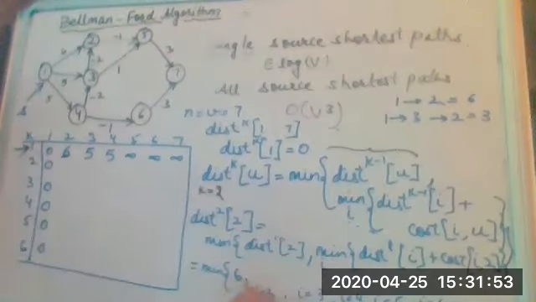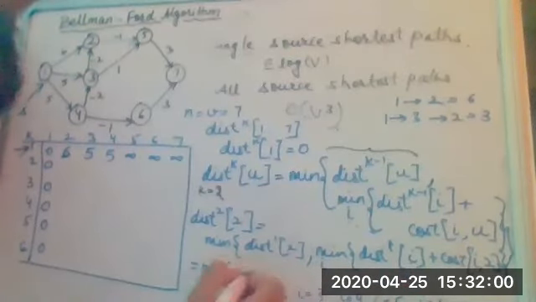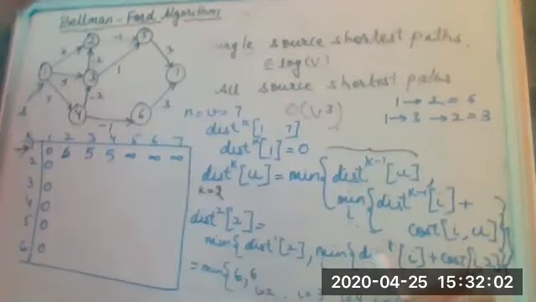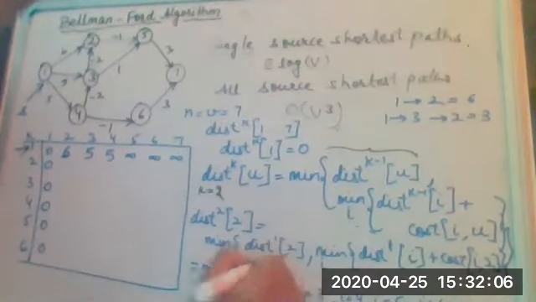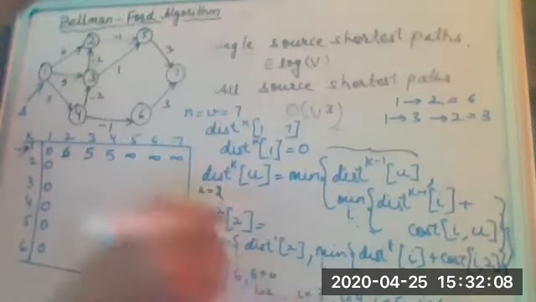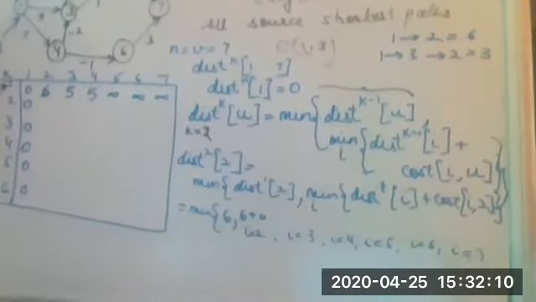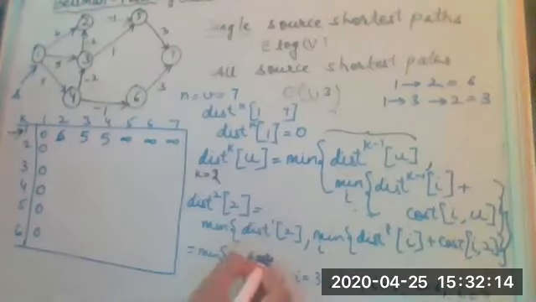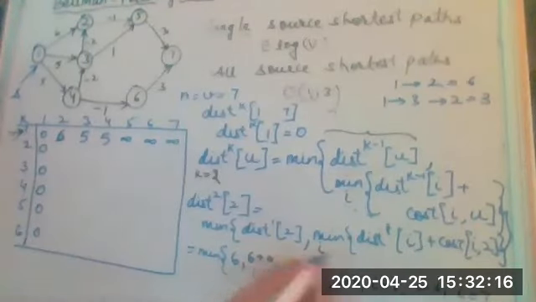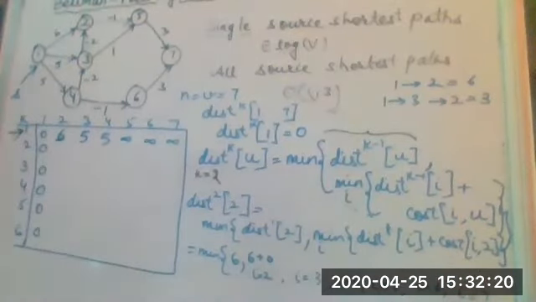Now if I is equal to 2, this value is distance of 1 to 2, which was earlier 6. Cost of 2 to 2 is 0. I hope this is clear how I am writing this. Yes, when I is equal to 2, this value is 6 and this value is 0.